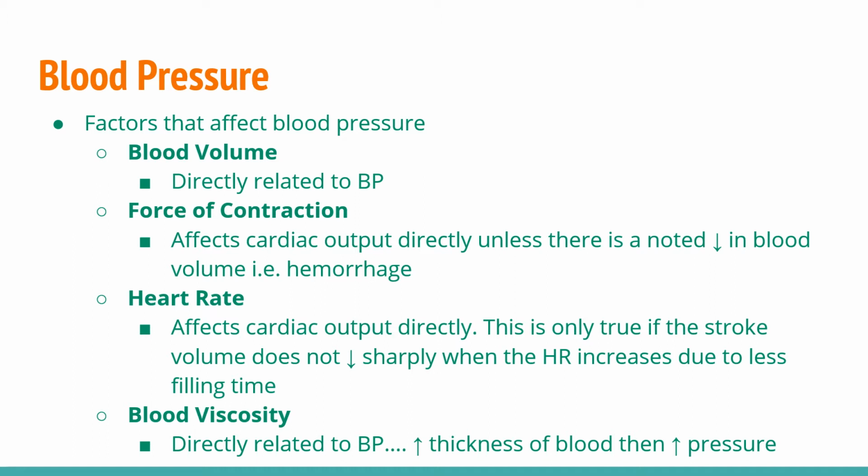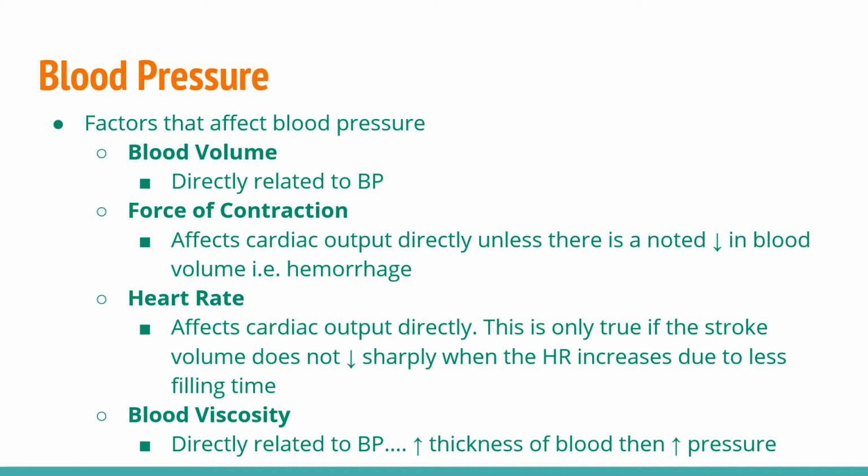Obviously, one of the ways our body compensates for a decreased stroke volume to help maintain that cardiac output is to increase the heart rate, okay? But sometimes when you have a really rapid shift, like you're bleeding, like a hemorrhage, you just don't have the fill, and then eventually everything starts to shut down.